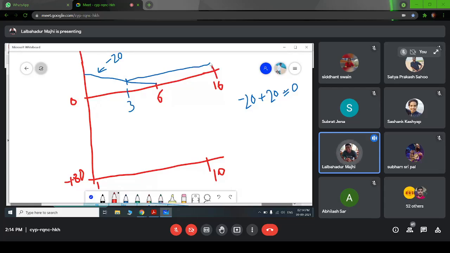That means we have 2 poles, so for 2 poles it will be -40 dB per decade, up to the next corner frequency, if available. As we don't have the next corner frequency, we can only leave it like this. This is our 0, and this is -40. Clear? I think everyone is clear about this magnitude plot.